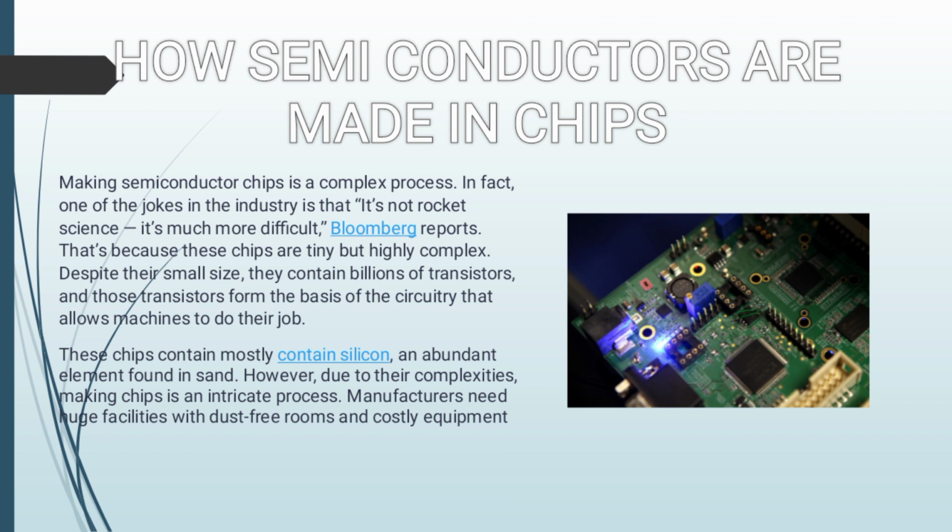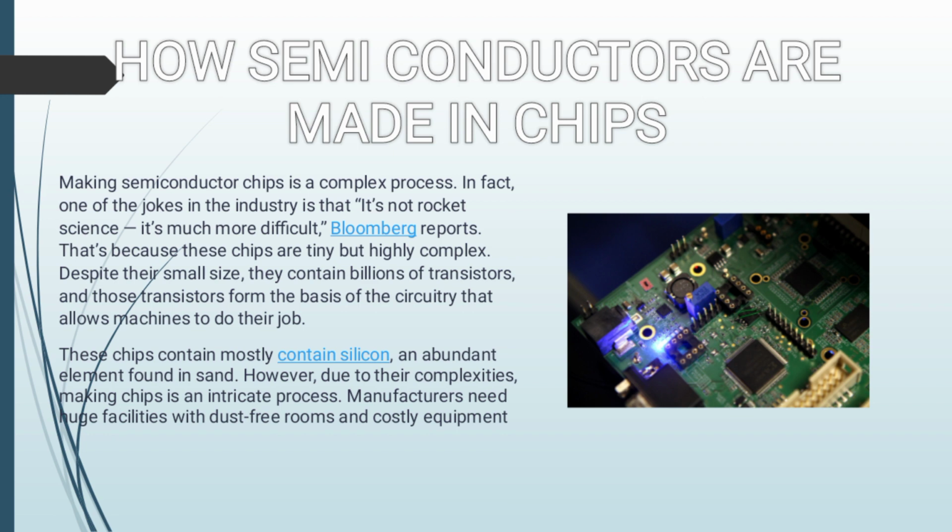How semiconductors are made into chips. Making semiconductor chips is a complex process. In fact, one of the jokes in the industry is that it's not rocket science, it's much more difficult. These chips are very tiny but highly complex.